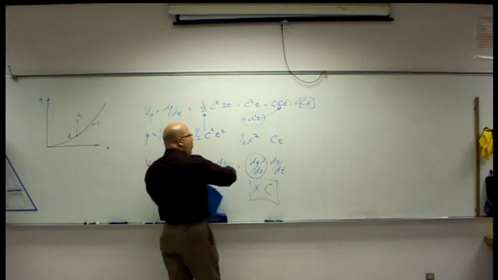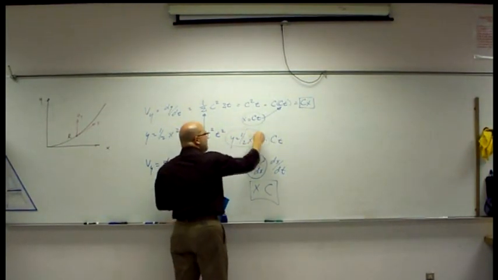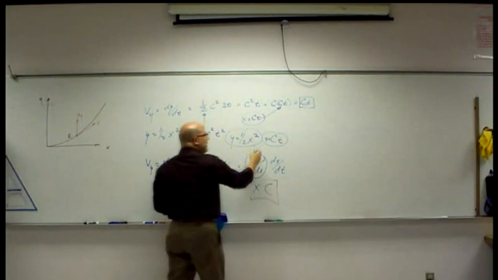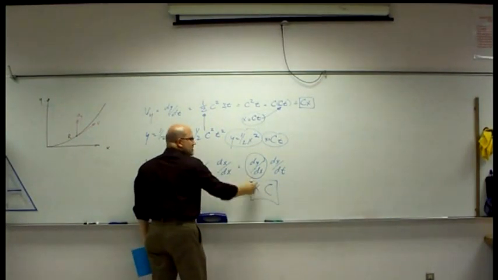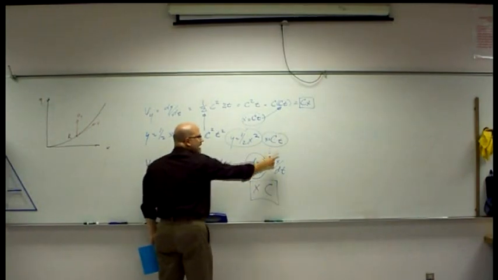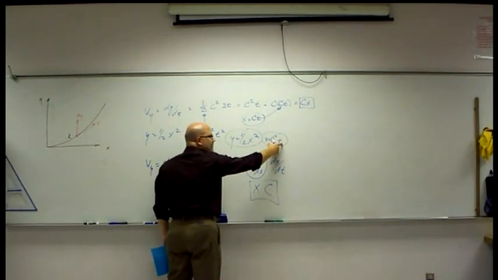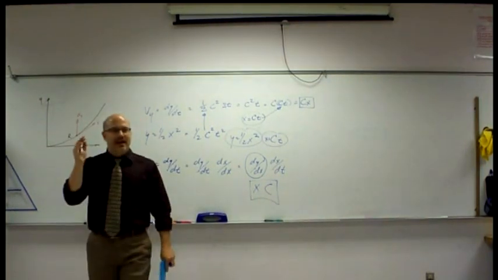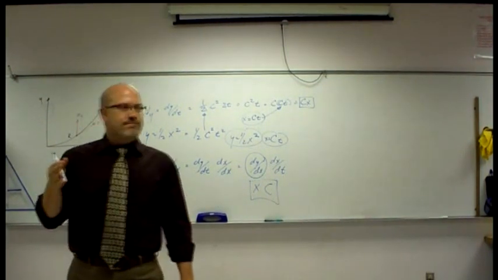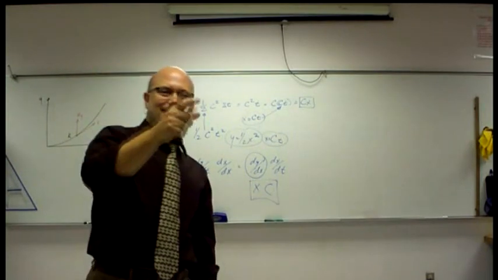So y equals this, x equals this. I take the derivative of this with respect to x, which is x, and the derivative of this with respect to t, which is c, and I multiply them together, and I get xc, which is nice.